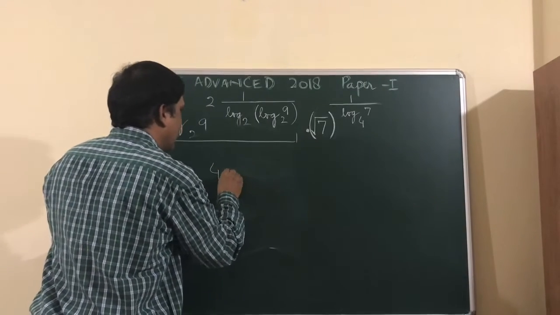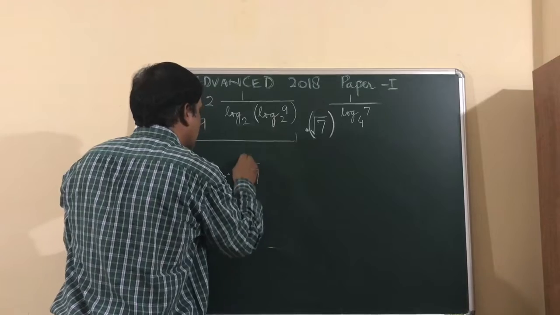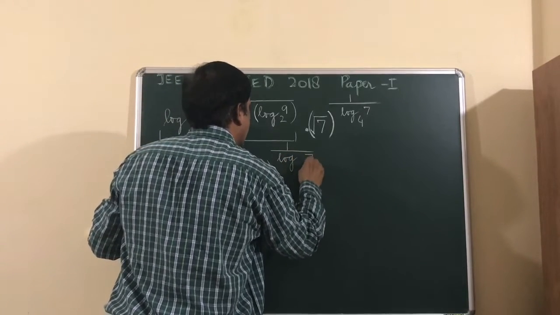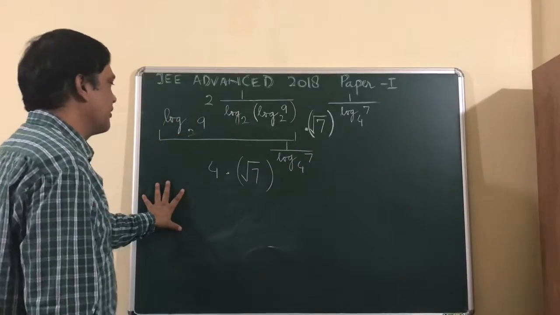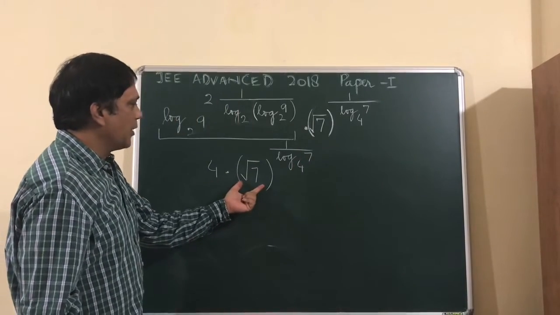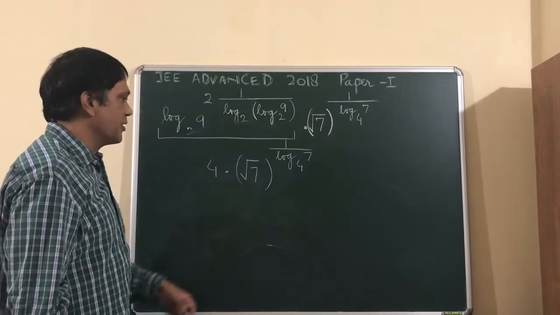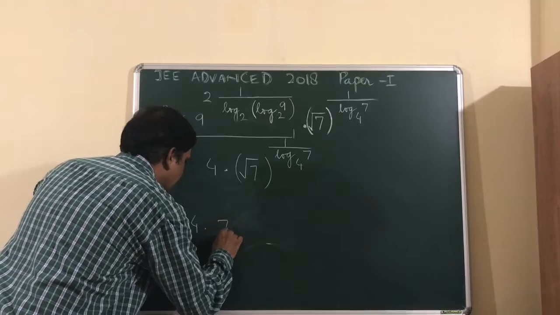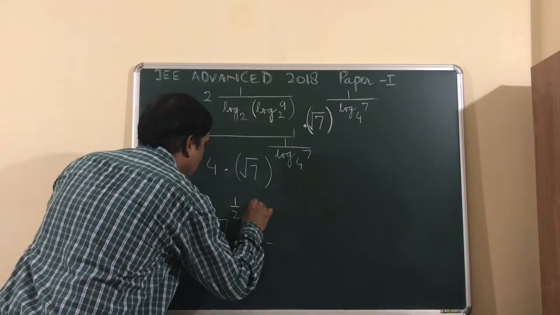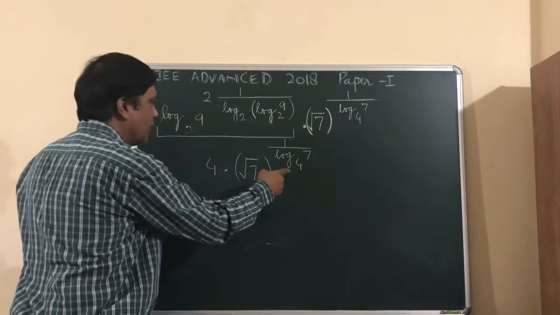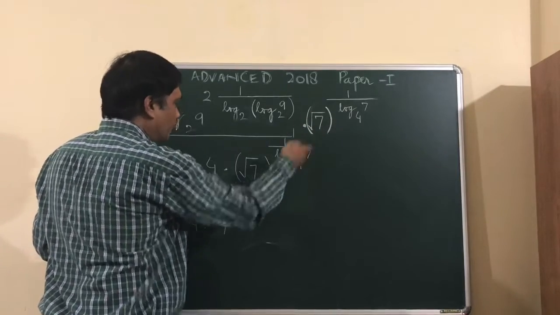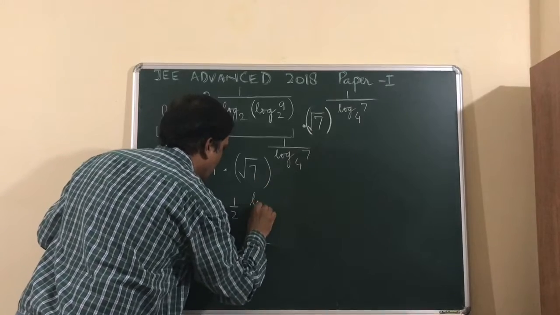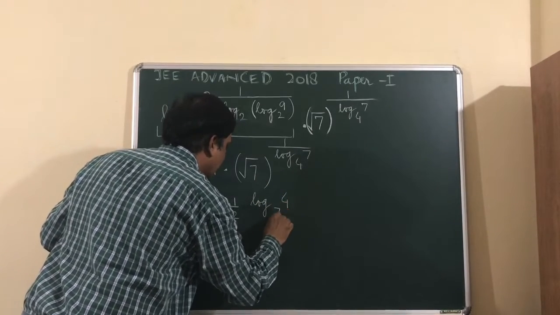Now we'll see root 7 raised to the power 1 upon log of 7 base 4. Again using the same property, but before using it, I'll convert root 7 as 7 raised to the power half. So that is 4 into 7 raised to the power half. Simultaneously I'll bring that 7 over to the numerator, and we can write this as log 4 base 7.